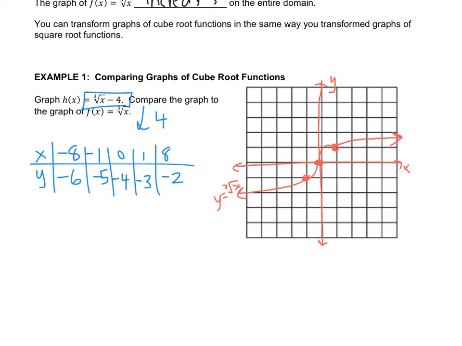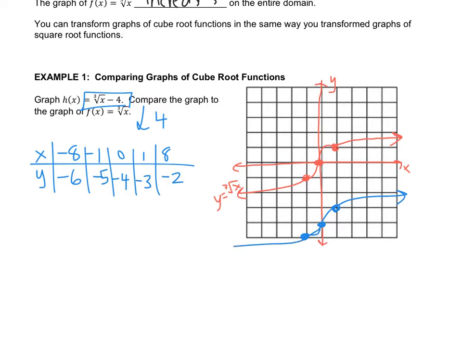Oh, I can't fit -8. Alright, well, I'll just fake it. -1, -5, 0, -4. That's -3. It's really important when you do this that you remember that you're graphing a cube root function and not a linear one.